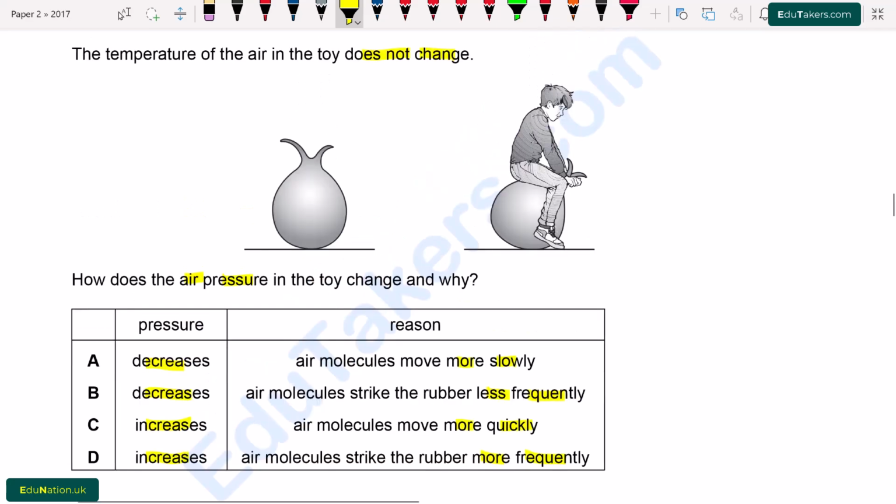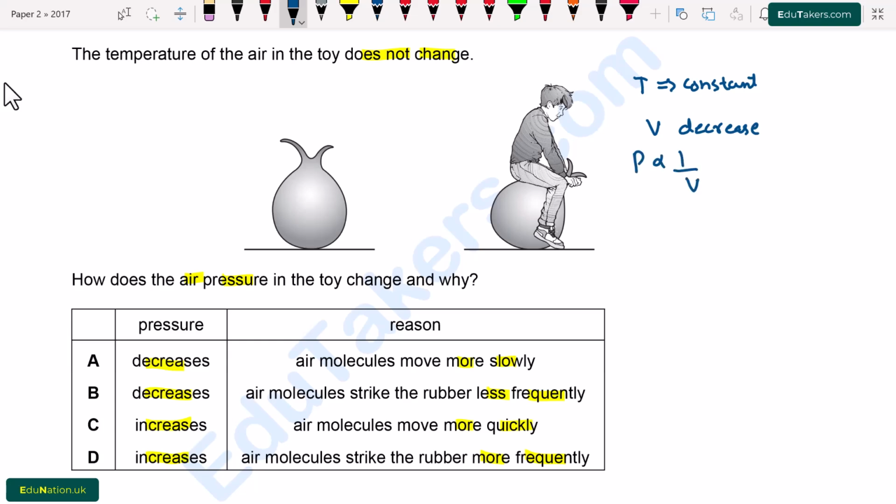First of all, here the temperature is constant and volume decrease. Then according to Boyle's law, pressure is inversely proportional to volume. When the volume decrease, pressure should be increased.